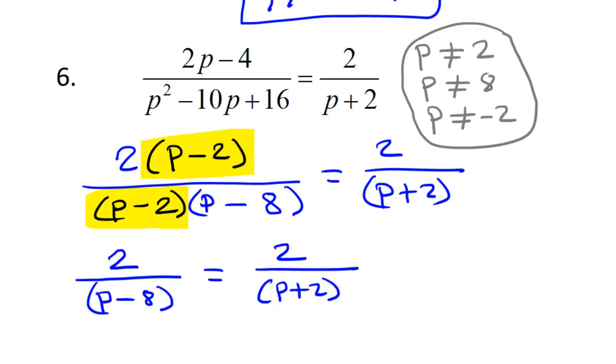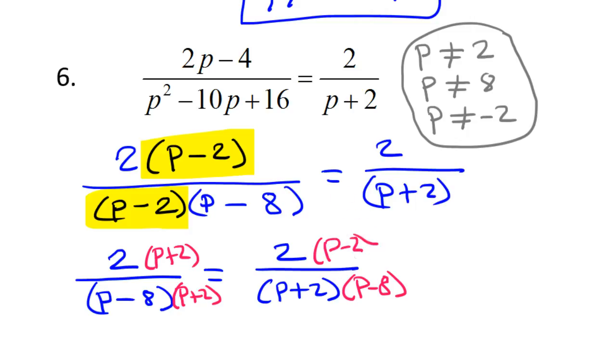So we want these to be the same denominator, so I'm going to give this a p plus 2 to be like its brother. I'll have to put it in the top and the bottom, the numerator and the denominator. I'm going to give this denominator a p minus 8 to match the one on the left. And again, I will do that in the numerator and the denominator.